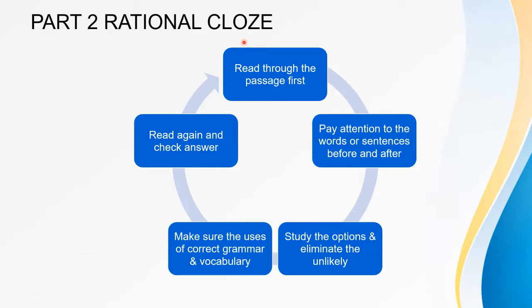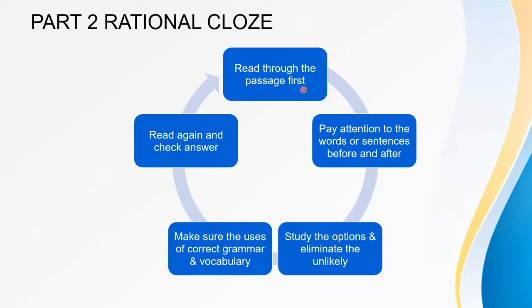Okay, for part 1 and for every single section here. So for this section, first of all, you have to do your reading. Read through the whole passage to get a general idea of what it is about.